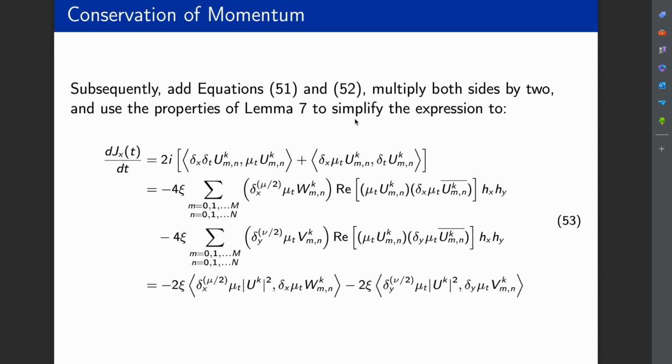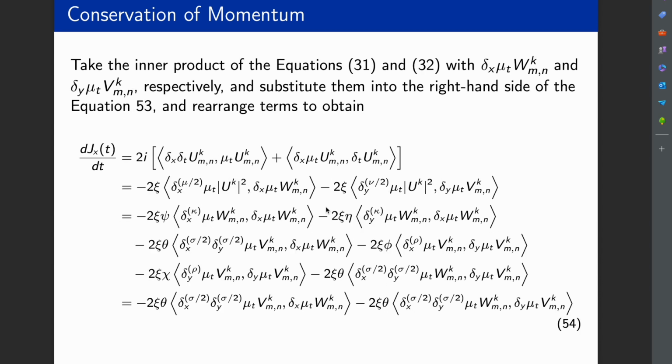Subsequently, we add equations 51 and 52, multiply both sides by 2, and use the properties of the lemma to have the following expressions. These expressions can be rearranged by multiplying by other products, and then we will have the following part.